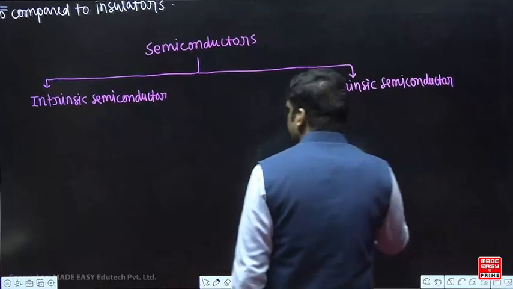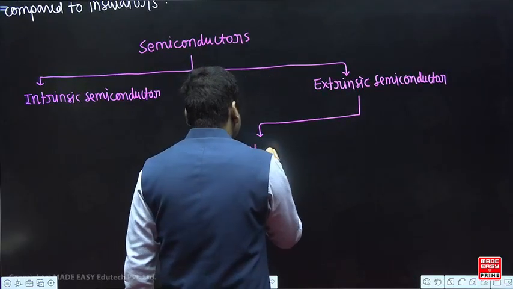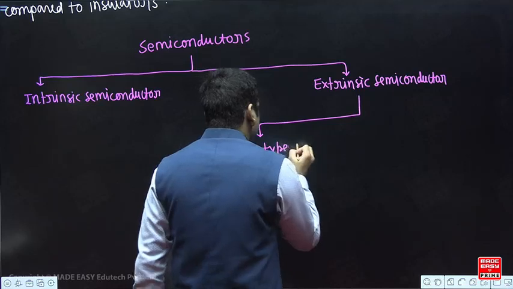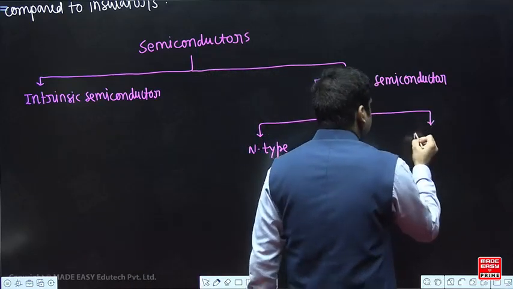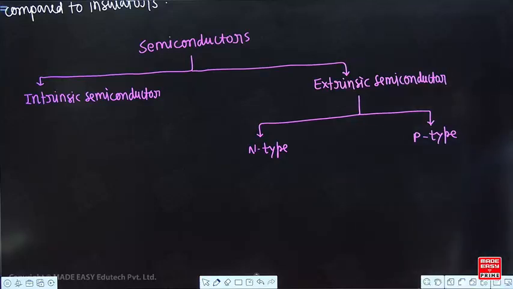Extrinsic semiconductor is further classified in two broad categories, N-type semiconductor and P-type semiconductor. We have to study all this in this topic.